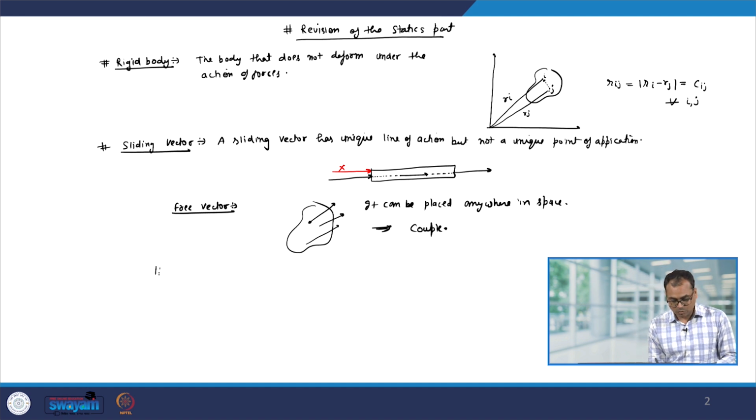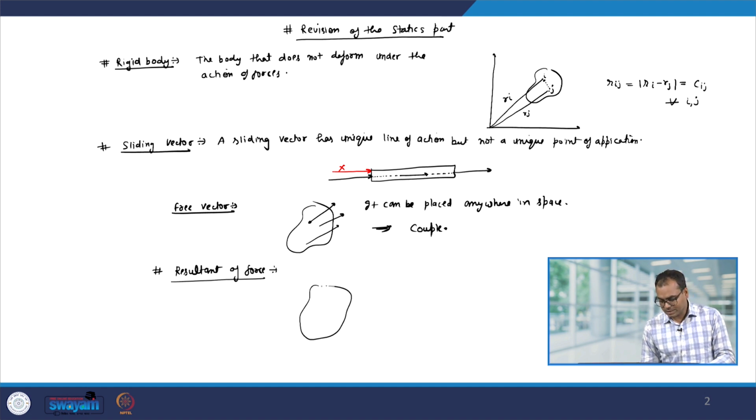Now, we also saw how we can find out the resultant of the force. Again let us say I have a rigid body and on this rigid body forces F1 and F2 are acting, and let us say the angle between them is theta.